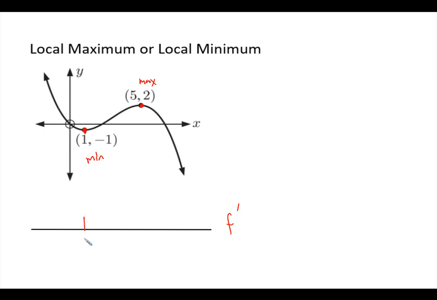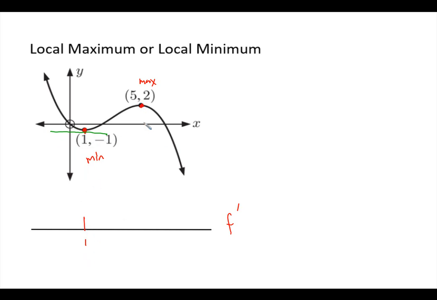Now you want to think, the first derivative represents the slope of the tangent line. The tangent line at this point right here is 0 because it's a horizontal line. So when x is 1, the derivative equals 0, because the slope of the tangent line is 0.